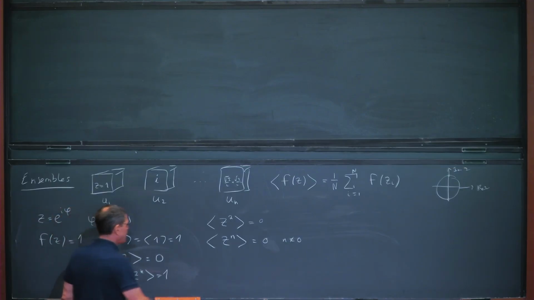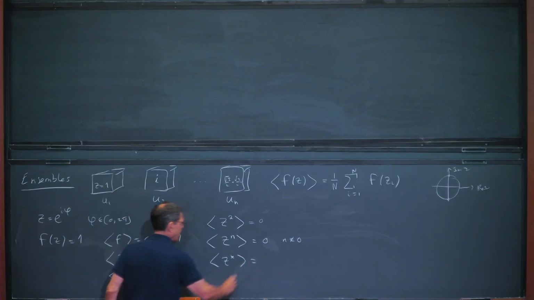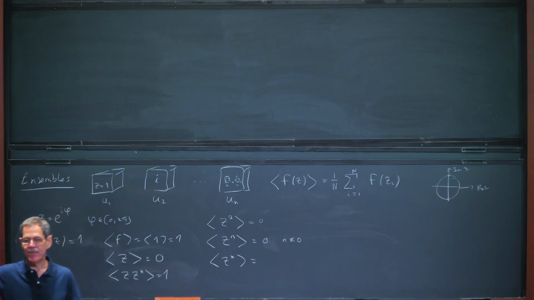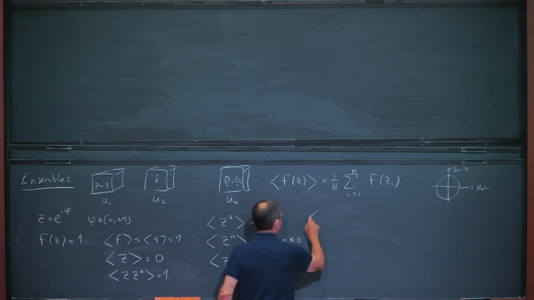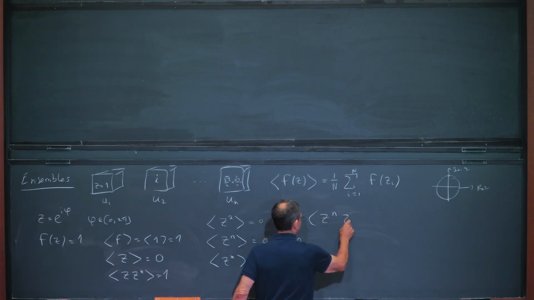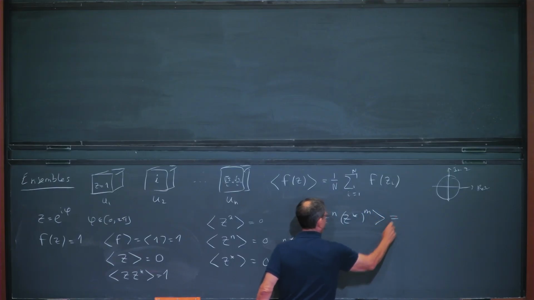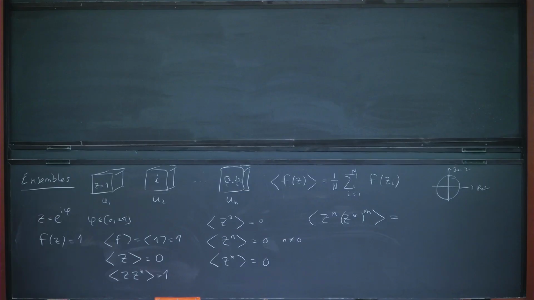Okay, what about the expected value of z star? Same thing, it's e to the minus i phi, so the same symmetry argument applies. What about the expected value of z to the n, z star to the m? It's only 1 if n equals m.